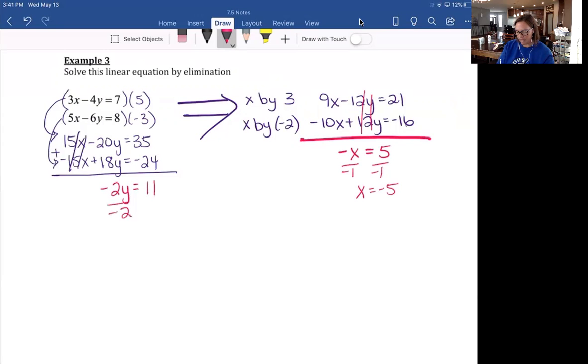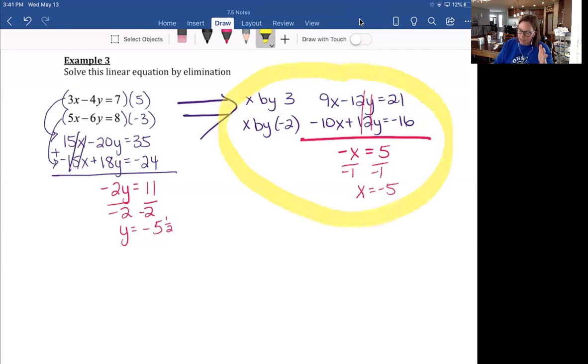And I would divide by negative 2. And y is negative 5.5. Now keep in mind, grade 10s, that you would either do this or this as your first step. You're not going to do both of them. I'm just showing you that there are 2 different possible first steps.